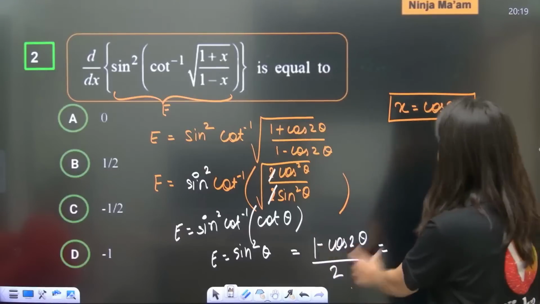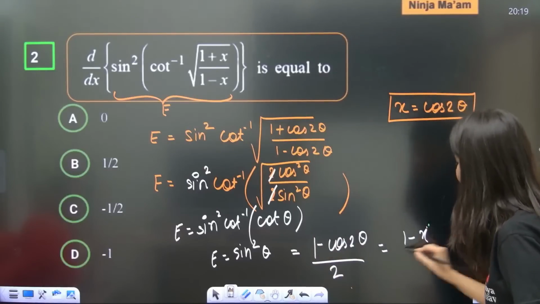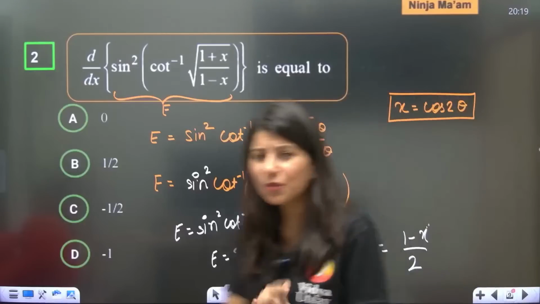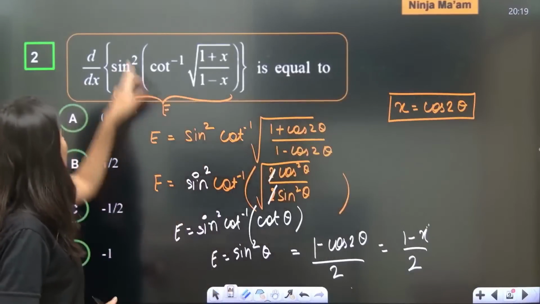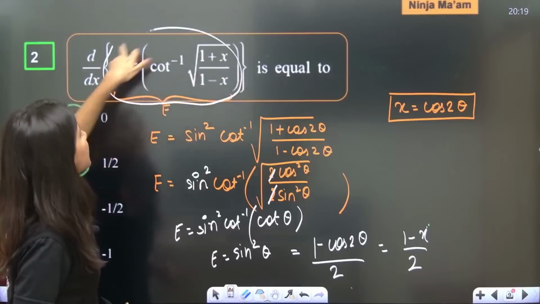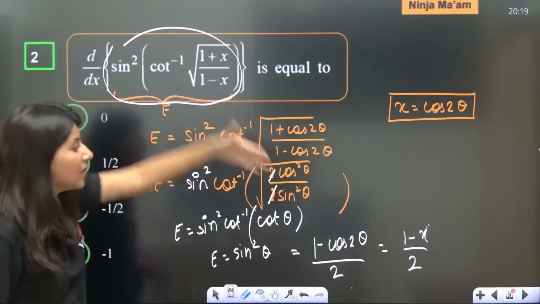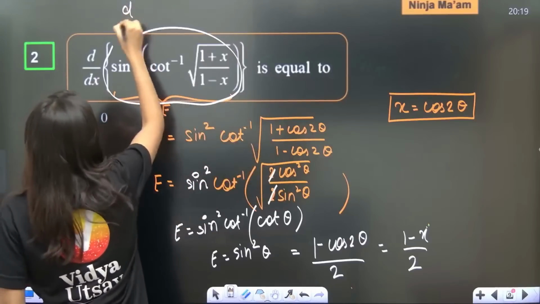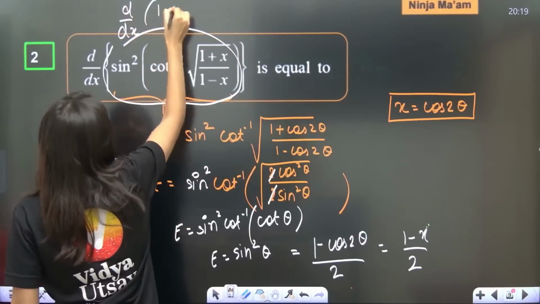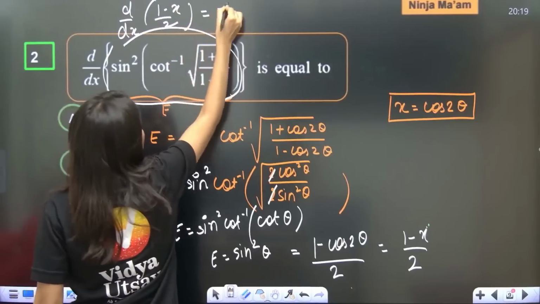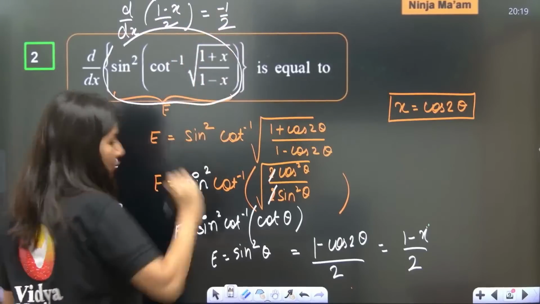And now back to basics, that is 1 minus x by 2. What did you do? Just by a simple substitution, you have reduced this scary looking expression. This is actually d by dx of 1 minus x upon 2. The derivative is minus half, and the answer is option C.